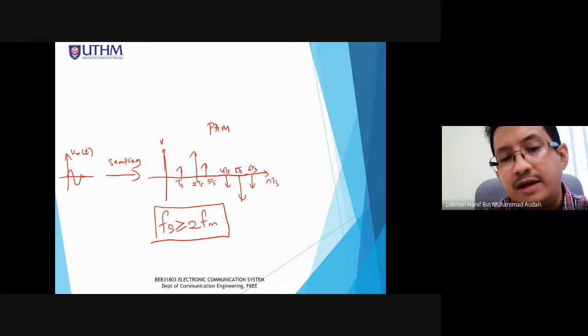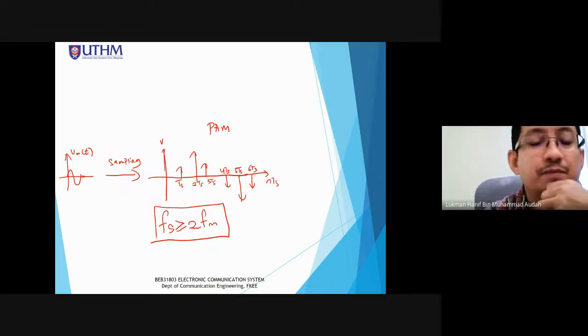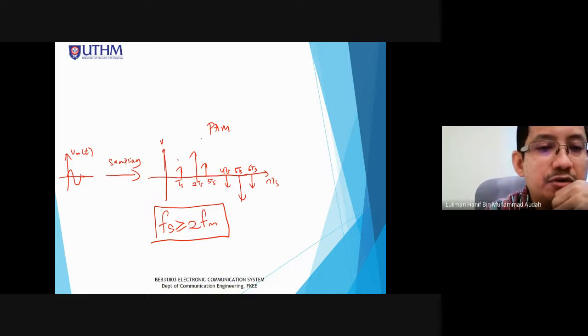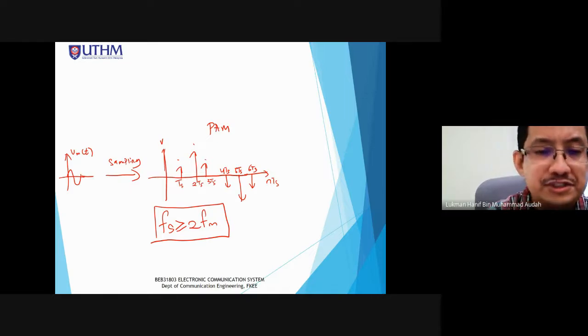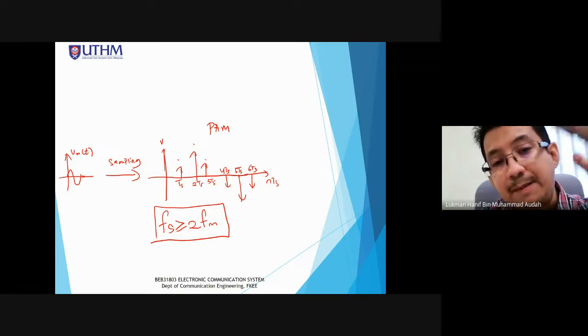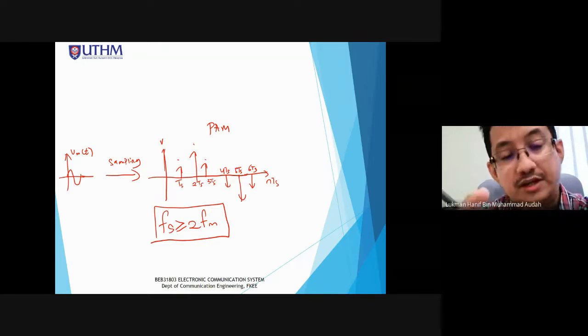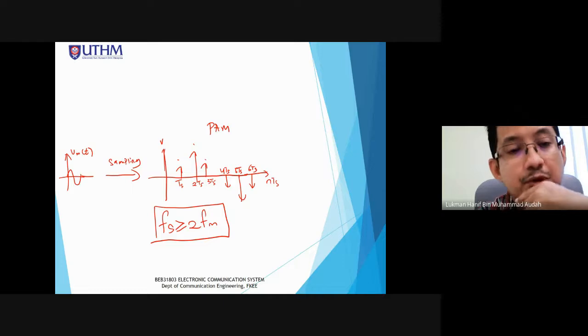Maknanya ada kepelbagaian amplitude daripada sampel itu. Okay, so sampel ini mungkin yang first sample mungkin sekian volt, second sample mungkin a few volts, third sample a few other volts and so on. So ada kepelbagaian amplitude, voltage of the sample that we take. Okay, so ini menjadi satu isu, menjadi satu problem.